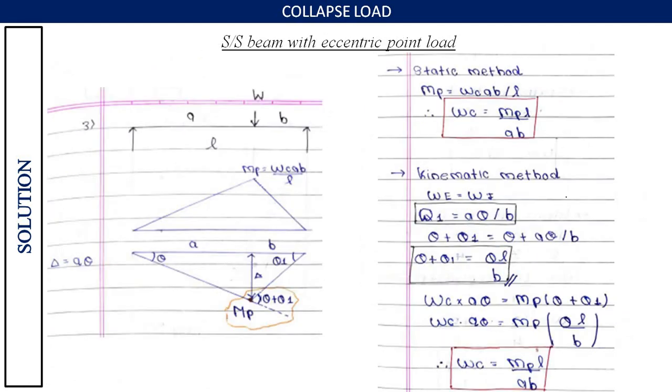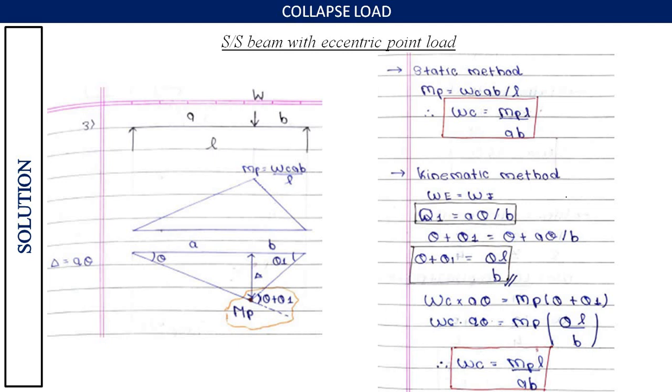Now let us see the simply supported beam with an eccentric point load. Let us consider a beam having a length of L meters, and the load is placed at A meters from the left side and B meters from the right side.